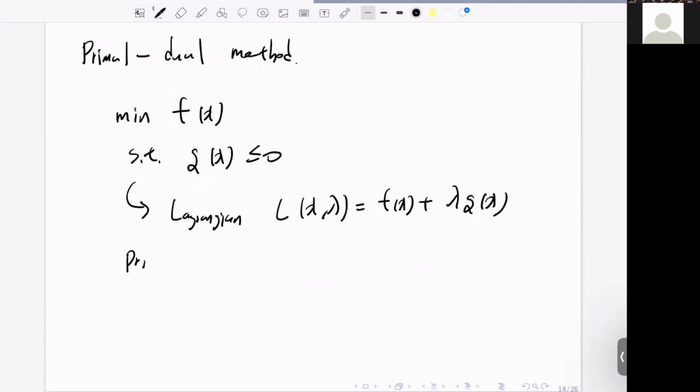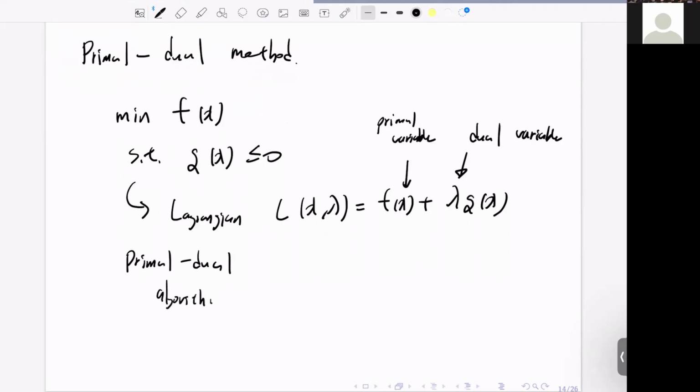Here, lambda is the dual variable and x is the primal variable. And the primal dual algorithm does the following. You don't have to remember all these things, but I write this down to explain.